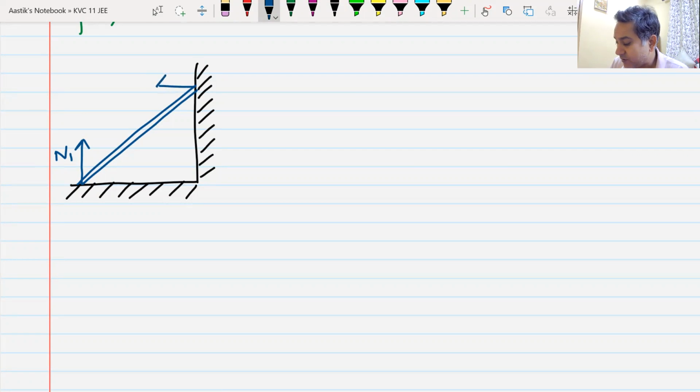Then there will be a normal contact force N2 like this because of contact with the wall on the vertical side. So this is your normal reaction or normal contact force. It comes because of contact. Wherever there is contact, you will have this normal contact force or normal reaction force. So that is the second type of force that we have seen, the contact force or the reaction force.